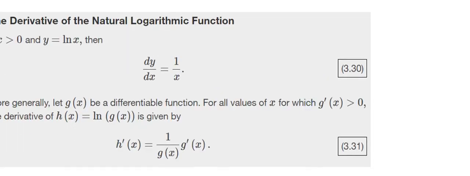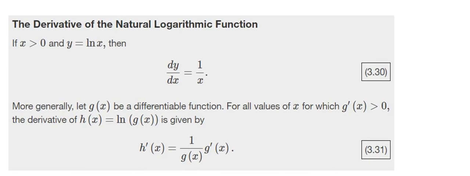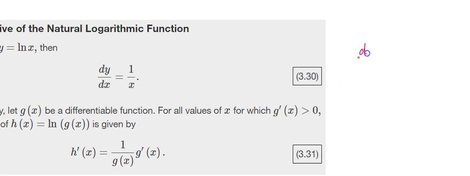Let's come over here. For natural log, the derivative of a natural log is 1 over x. Let's just write that here. d/dx of ln x, natural log of x, is 1 over x. So this x and this x are exact, they're identical.